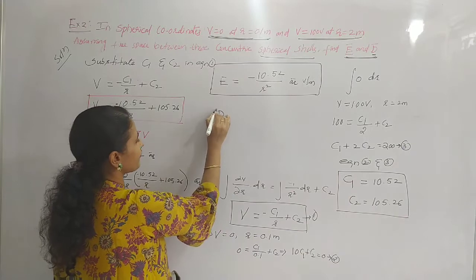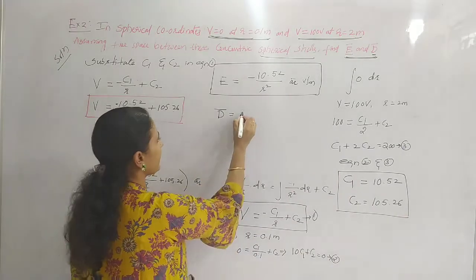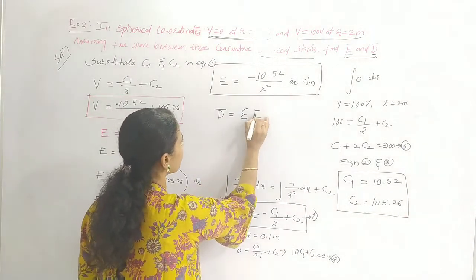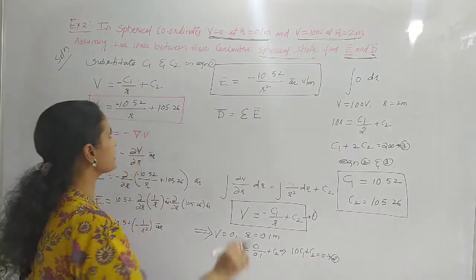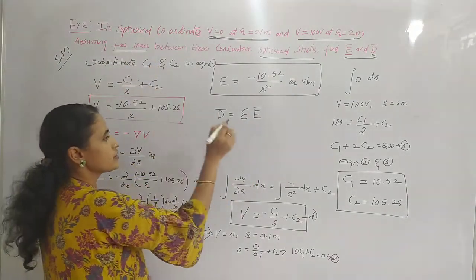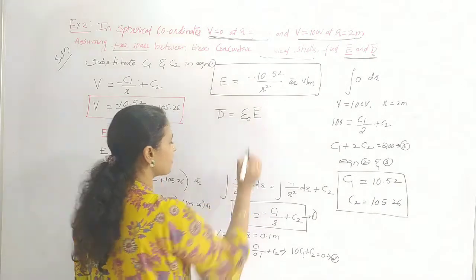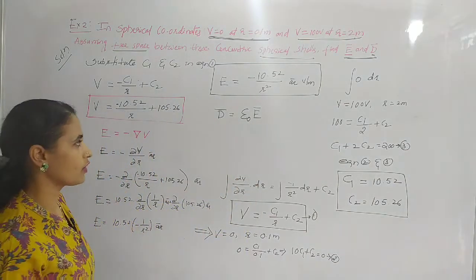Now let us find the value of D bar also. What is D bar? Electric flux density, which is given by epsilon into E bar, but as I mentioned it is free space, so we have to consider the permittivity of free space. This is epsilon naught.